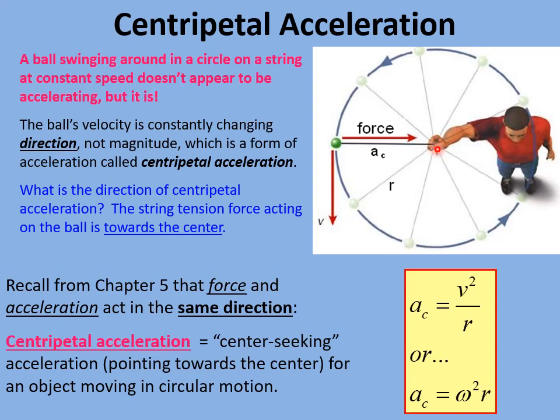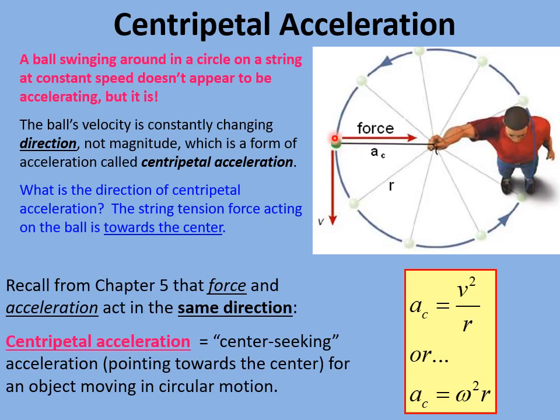And one way to visualize this is, remember from chapters 4 and 5, we learned about Newton's second law, F equals ma. And we learned that whenever there's a net force on an object, the object will accelerate in that direction.